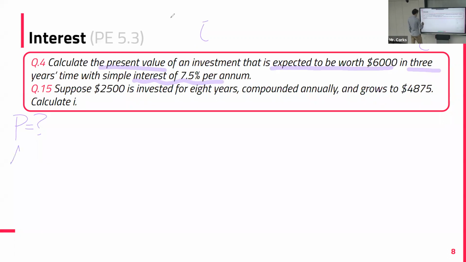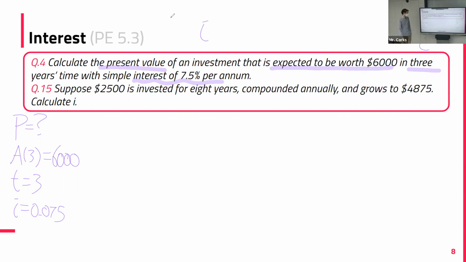And we have been given value after 3 years, 6,000, we've been given time, 3, and interest 7.5%, so 0.075. So there's the information.